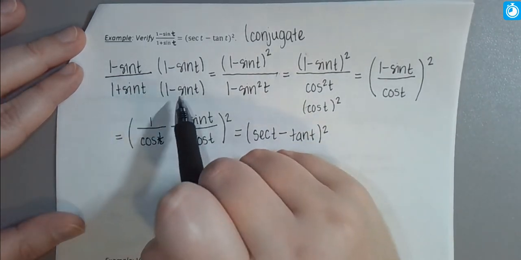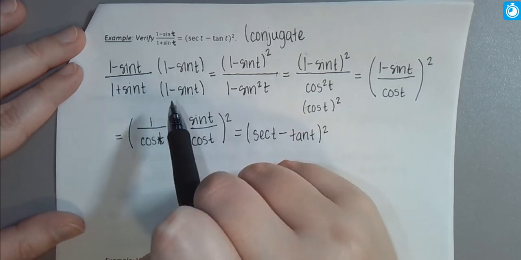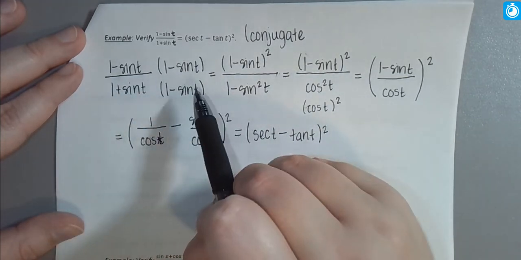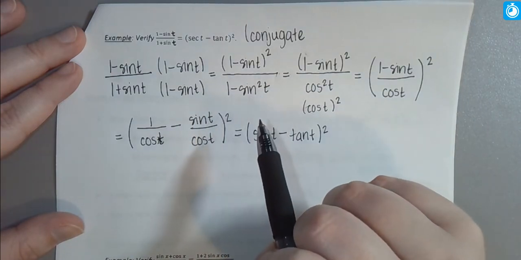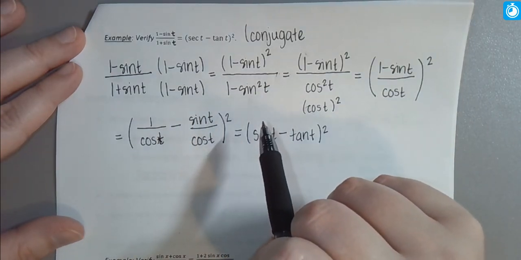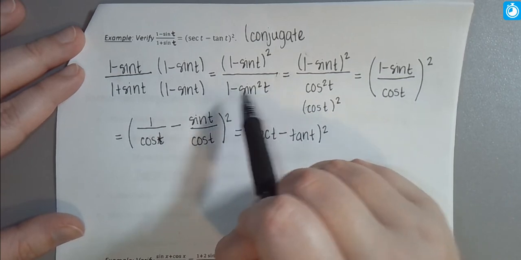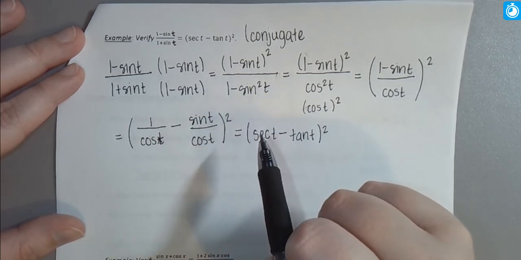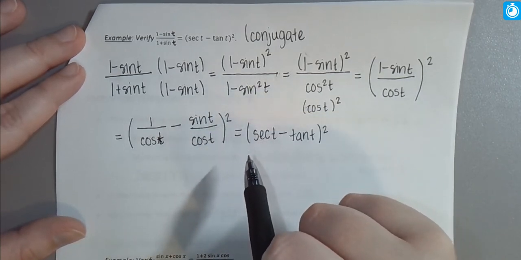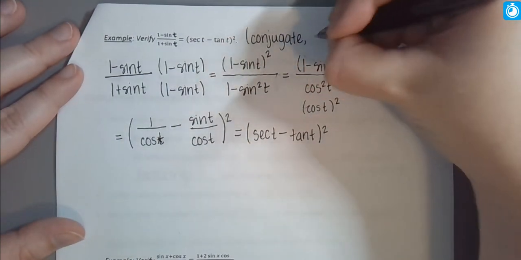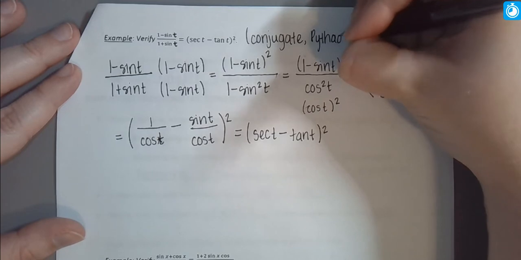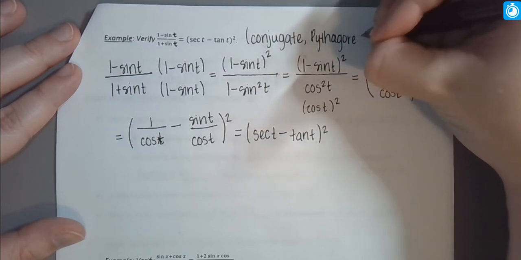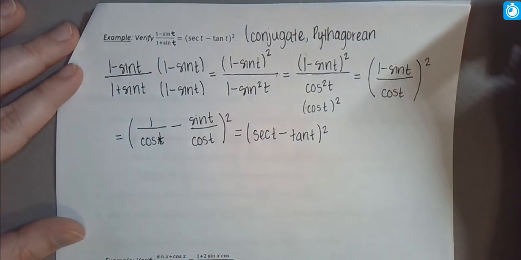And so the benefit of multiplying two factors like that is when they multiply together to give you a difference of squares. And in this case, that's just a rearranged version of one of our Pythagorean identities, which leads us to the next thing we used. We used, again, that same Pythagorean identity, just rearranged, used in a different way.